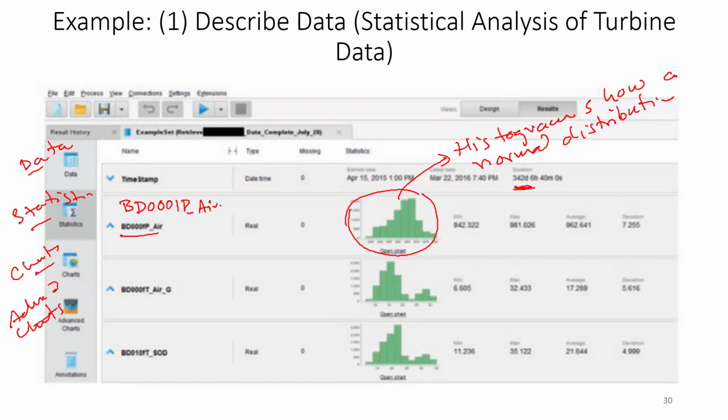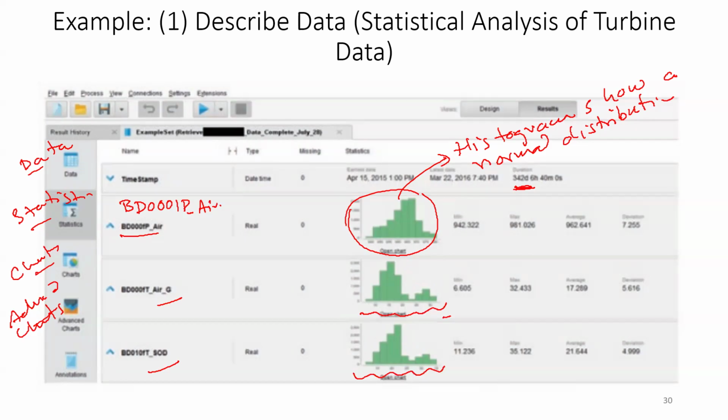And the next ones, Q and SOQ, these two sensors show a spread across the minimum, maximum, and average value along with the standard deviation.